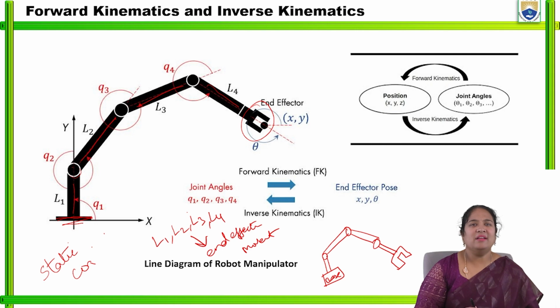If we know the lengths of the joints, or if we know the movement of the joints, we can find out the end effector position or orientation. Right? That is known as the forward kinematics.